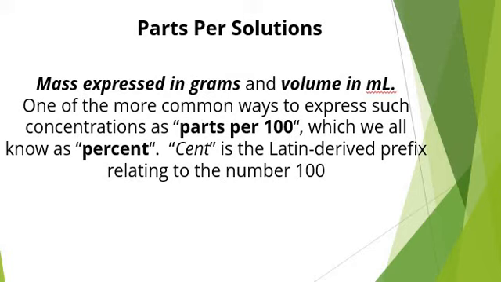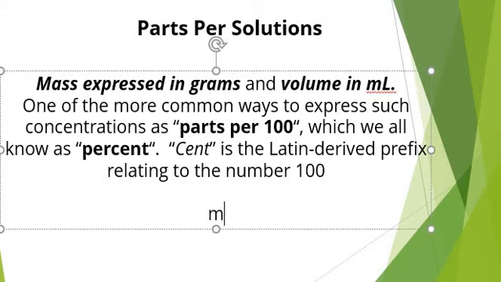The quantities can be expressed in mass, in volume, or both, that is, the mass of a solute in a given volume of a solution. It can be mass per mass, mass per volume, or volume per volume. Among all 3, the most common one is mass per volume.